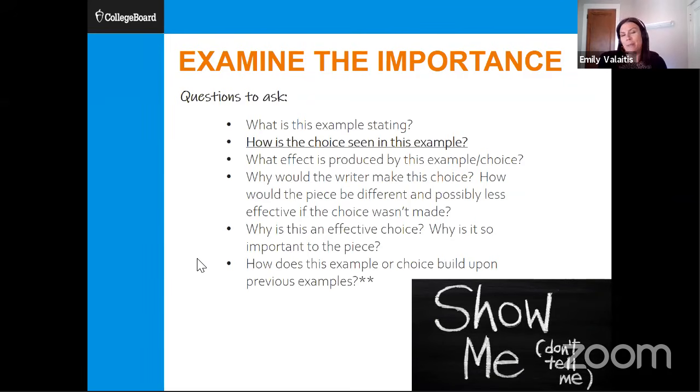I tell my students something similar. I say, explore, don't just state. So make sure you're explaining the relationship between things. Don't just tell me that this sentence uses passionate diction. Tell me what diction, which words are passionate in that example.